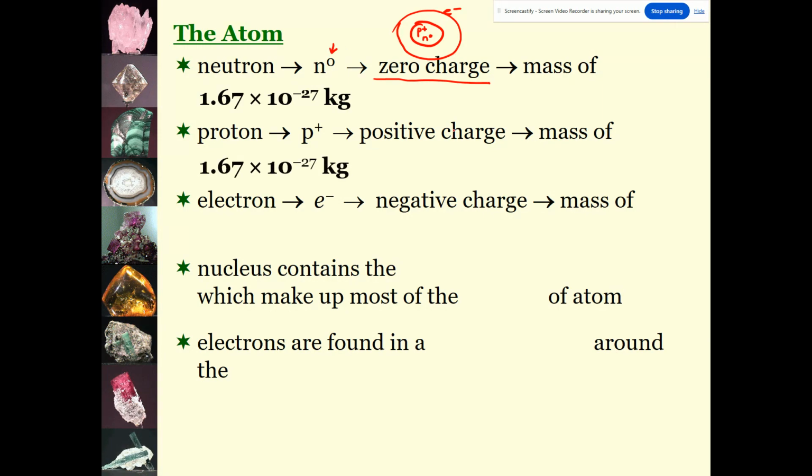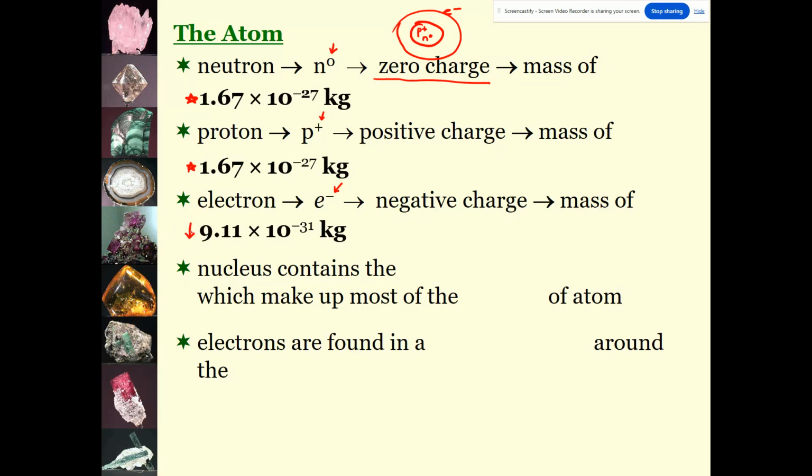Protons, on the other hand, are positive, so you'll see a little positive symbol with them, and electrons are negative, so you'll see a negative symbol associated with them. Now, their masses. Do you need to know the mass of an individual subatomic particle? No, you don't. But what's key to know is that protons and neutrons have the same mass. Whereas electrons have a much smaller mass.